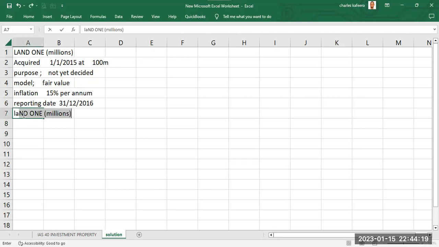We are saying that land one will be accounted for under IAS 40, investment property.